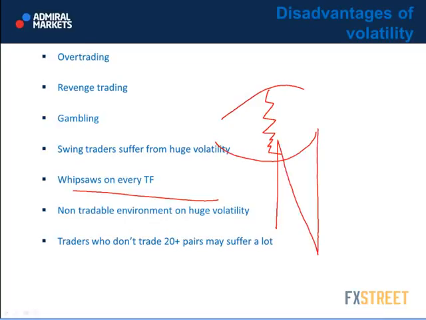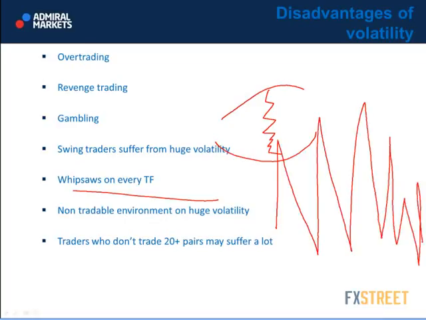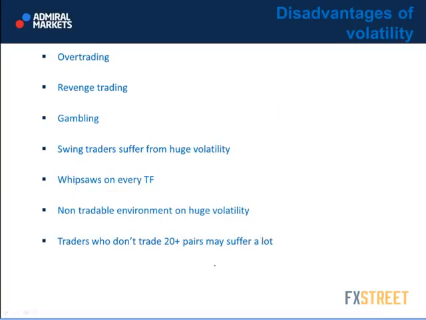There are whipsaws on every time frame. If you see the price doing this, that can cause whipsaws on every single time frame. It is a non-tradable environment on very huge volatility, and traders who don't trade 20 or more pairs may suffer a lot.